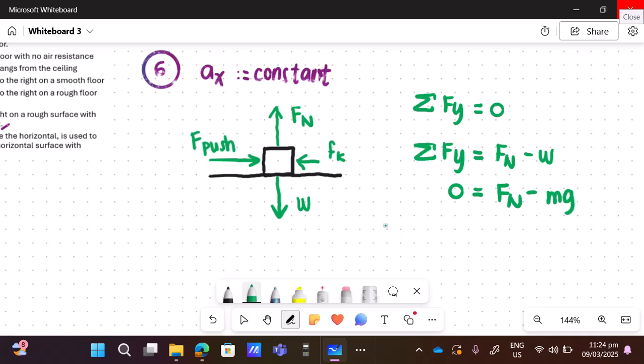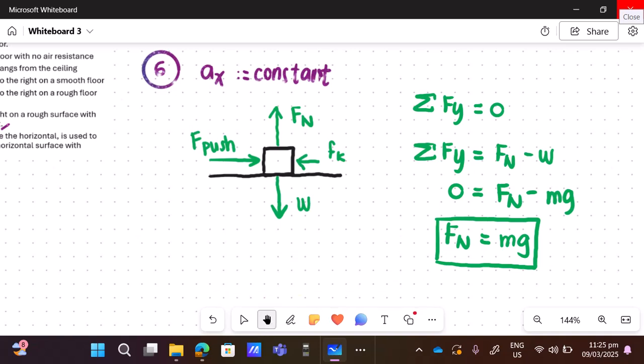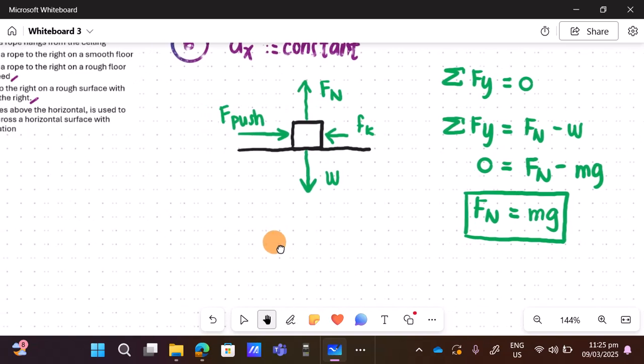There are no other vertical forces affecting the normal and the weight. So again, F sub n for this situation is just equal to the product of the mass of the box times the gravitational acceleration.